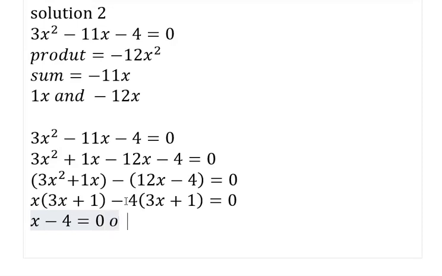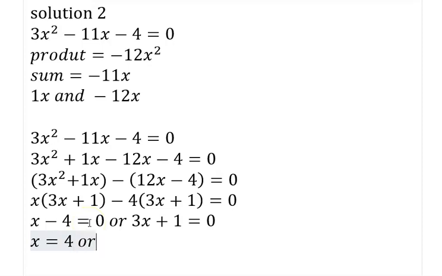Or just pick one. 3x plus 1 equals 0. Beautiful. Just make the x the subject of the formula now. If this minus 4 comes out of this equality sign, it will change to plus 4. So our x will equal 4 here.